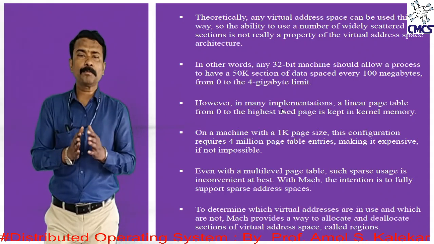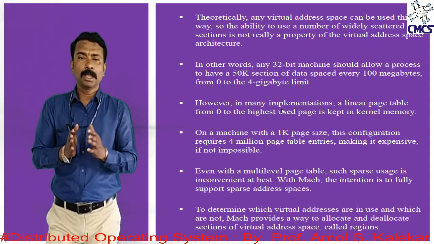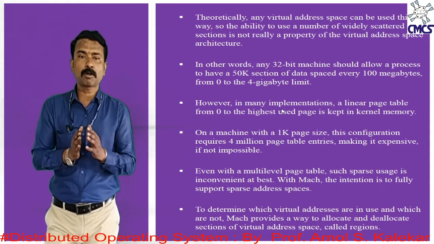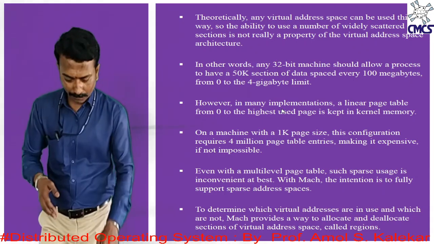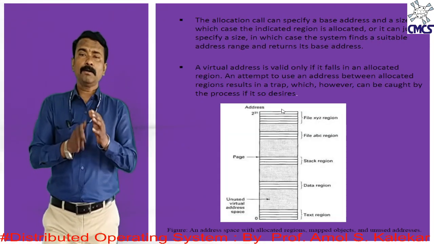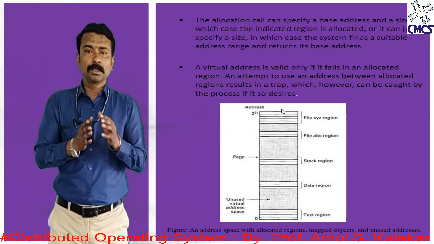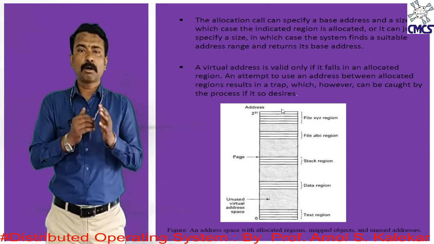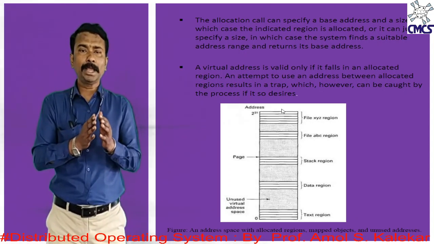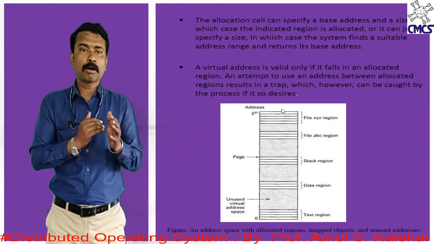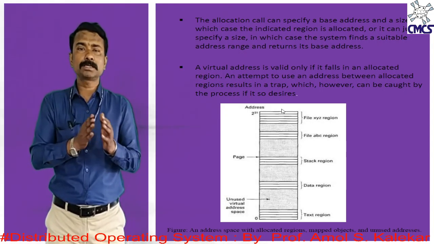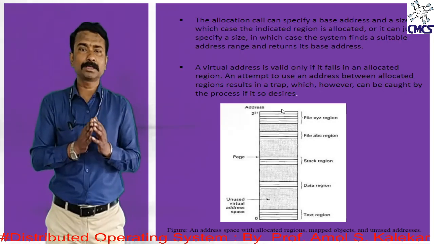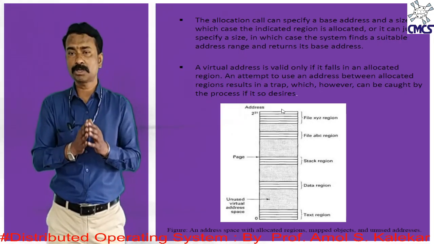To determine which virtual addresses are in use and which are not, Mach provides a way to allocate and deallocate sections of the virtual address space called regions. An allocation call can specify a base address and size, in which case the indicated region is allocated, or it can specify a size, in which case the system finds a suitable address range and returns its base address.